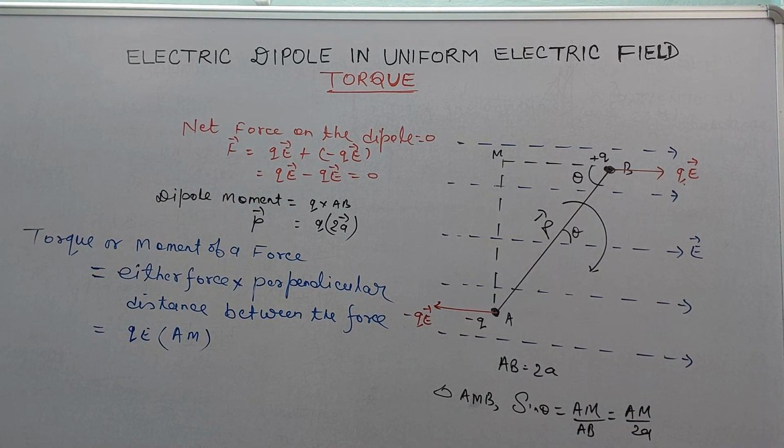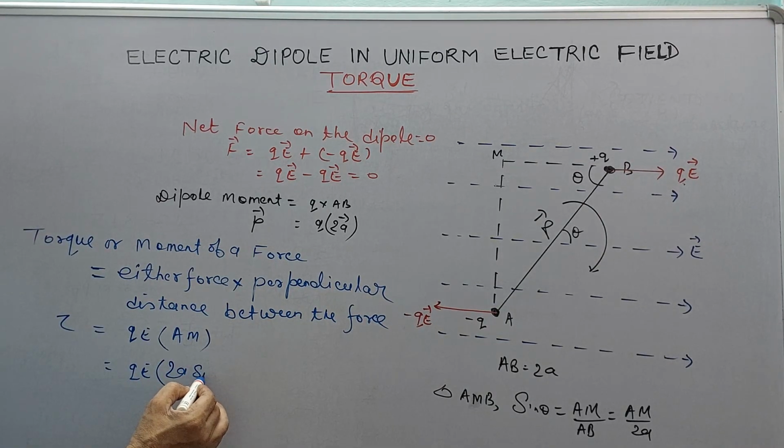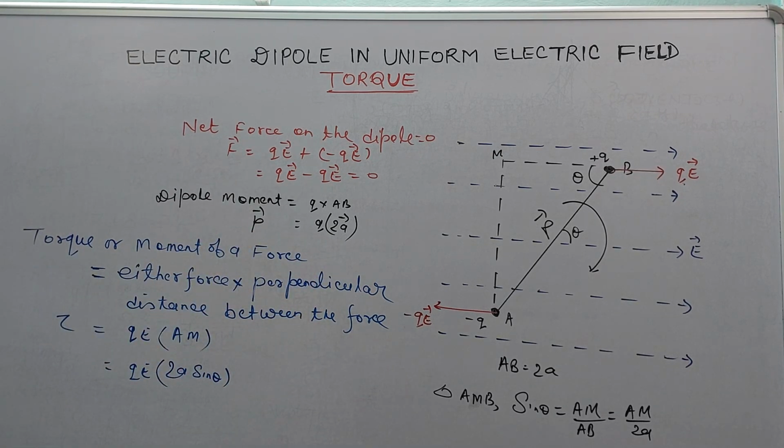Therefore our value of torque, which we represent by tau, is qE times AM, which is 2a sin theta. From the expression of dipole moment, q times 2a is the dipole moment.